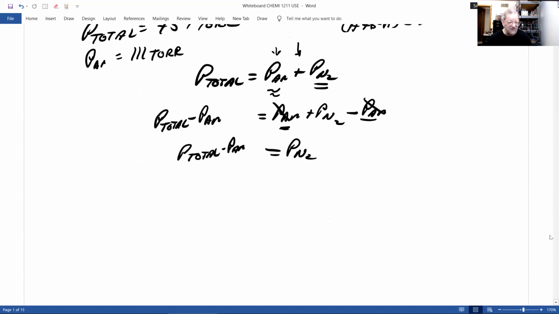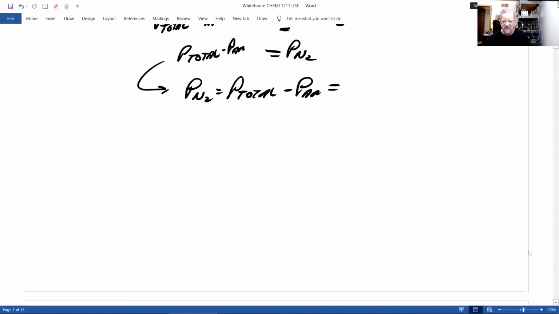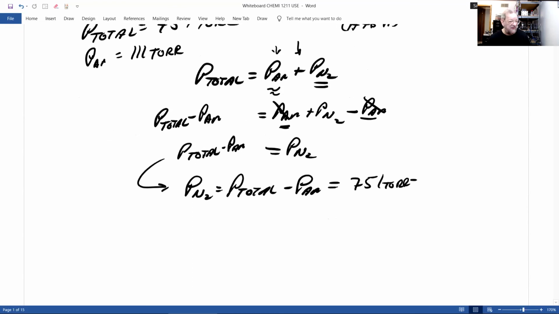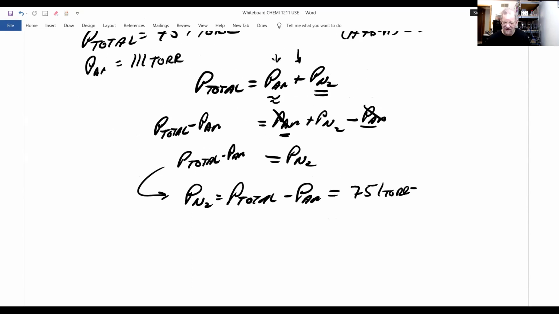And because I like to, you don't have to, I'm going to rewrite this. And now I know P total is 751 and P argon, the partial pressure, is 111 torr.